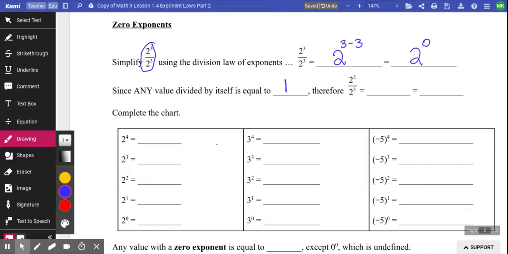That rule helps us with our zero exponent rule, because if you think about it, 2 to the power of 3 divided by 2 to the power of 3 is just something divided by itself, which means it should equal 1. Which means anything to the power of 0 actually equals 1.